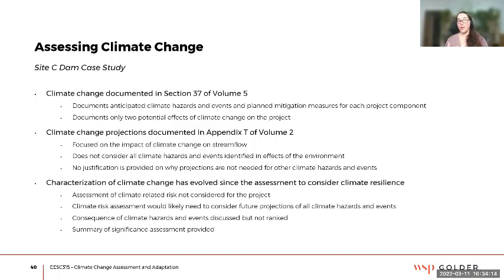But they do provide a summary of the significance assessment, so that can act as that resilience assessment in some ways as well. So again, there's a lot of really good aspects in here. It also demonstrates how things have evolved since this initial assessment. And it's just an interesting disconnect between what's put in one section and another in terms of how climate is considered.